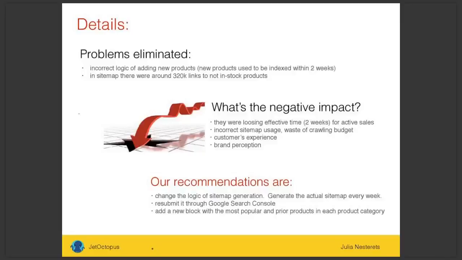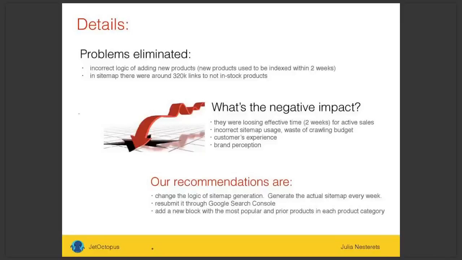And overall, brand perception. You know that Google algorithms also watch the user's behavior. If the user goes back to the search and keeps searching for his query, the brand perception is also decreasing in such situations.